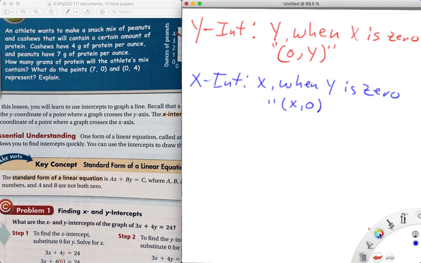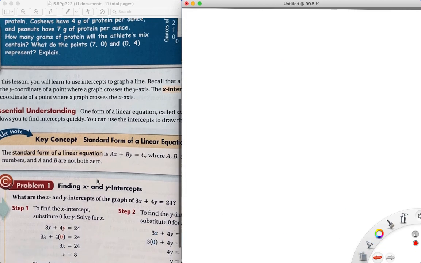So what do these guys represent? This is where the line crosses the y-axis, 0, y, and this is where the line crosses the x-axis, x, 0. So y-intercept, y when x is 0, x-intercept, x when y is 0. And standard form is really good at finding both those intercepts.